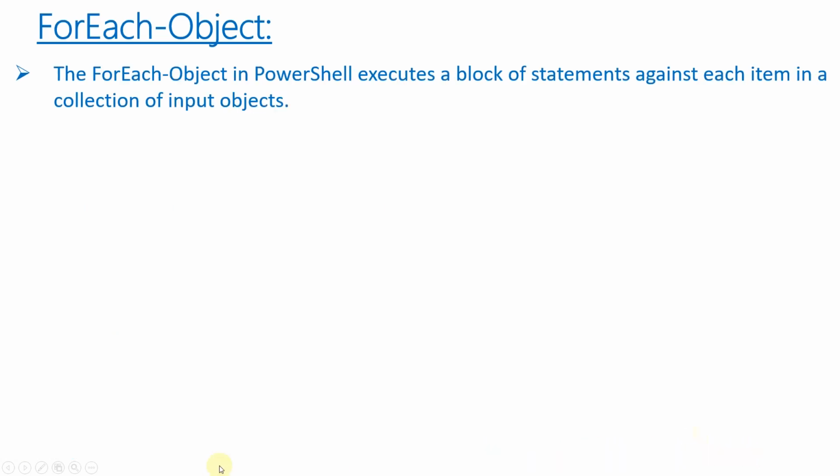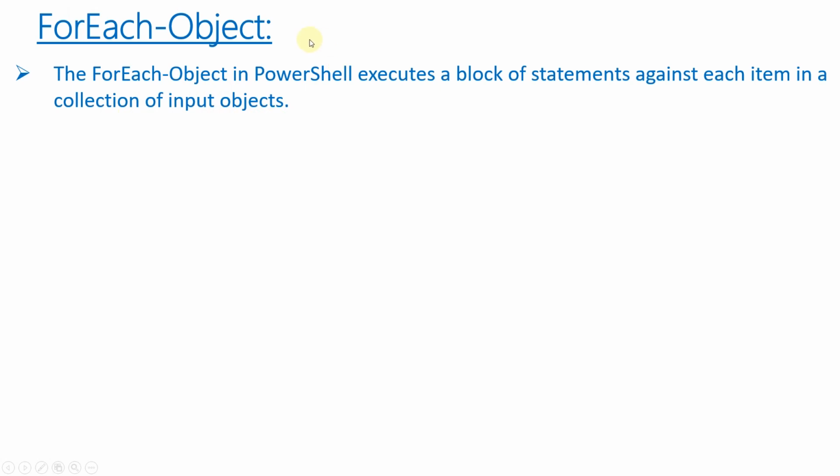Now here we will be seeing the ForEach-Object commandlet. If we have some collection of input objects, and we want to do some operation on each element of the collection, then we can use ForEach-Object.